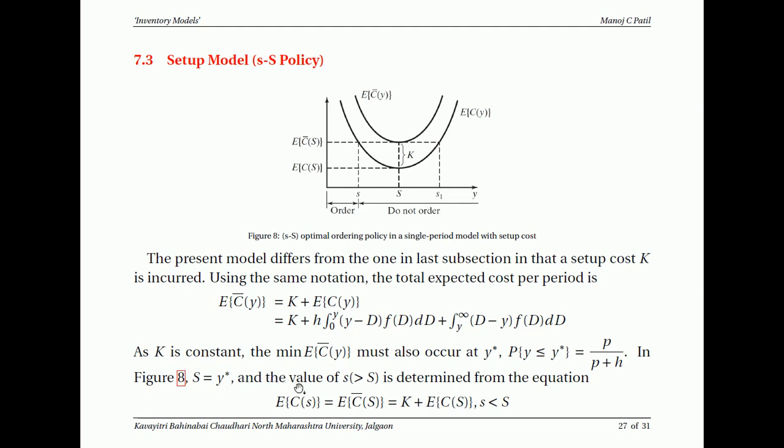So we have to find such a small s for which the expected cost is equivalent to that of y star from the previous model, K plus the expected value of C of capital S. Here capital S is definitely y star.